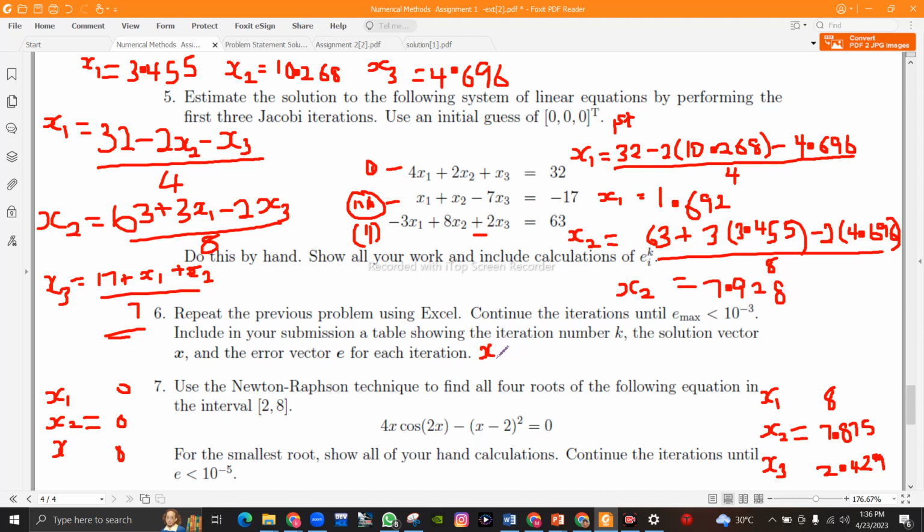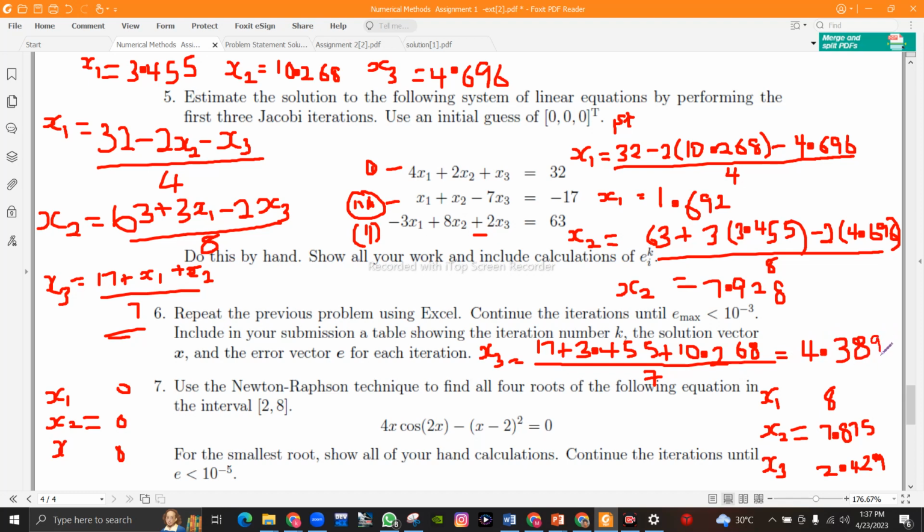x3 is equal to 17 plus x1. What's our x1? 3.455 plus our x2. What's our x2? 10.268, divided by 7. If you calculate this, you're going to have 4.389.